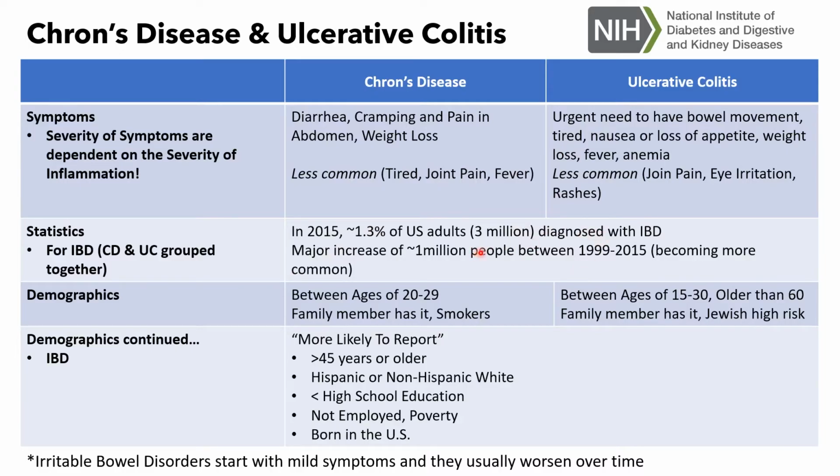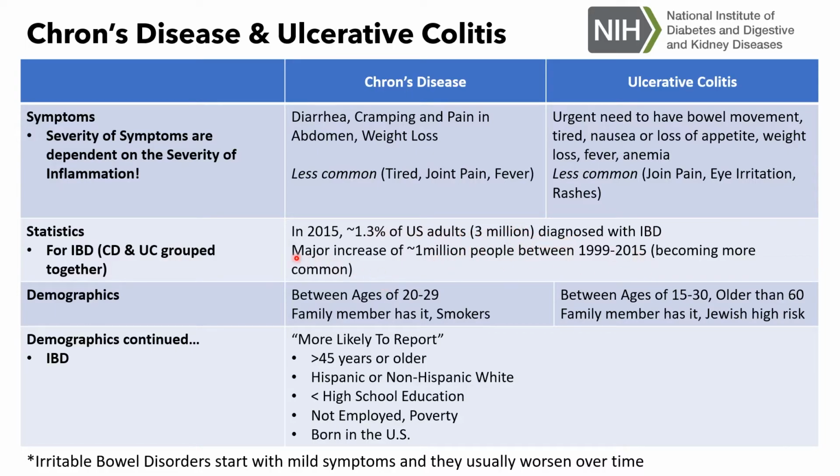But down here, we'll see that as far as the NIH goes and reporting on statistics, it seems like they're really lumping IBD together. And so in 2015, which was one of the most recent reliable statistical sources I could find, you'll see that about 1.3% of the US adult population had this. So that's about 3 million people.